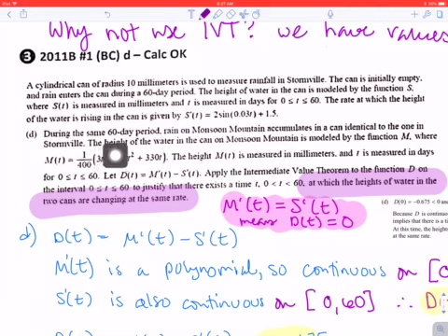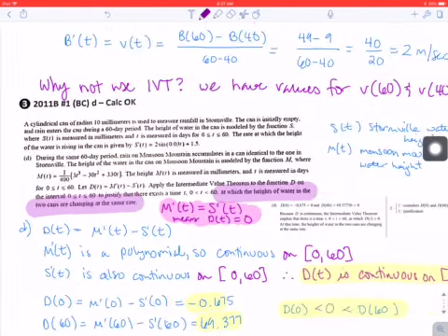Then it goes on to say the height of the water in the can can be modeled by this function M, and it gives you the function there. So we've got 2 cans that are identical to each other, and stormwater's accumulating in them at different rates. One in Stormville, one in Monsoon Mountain. So not places that I would settle most likely, but still.